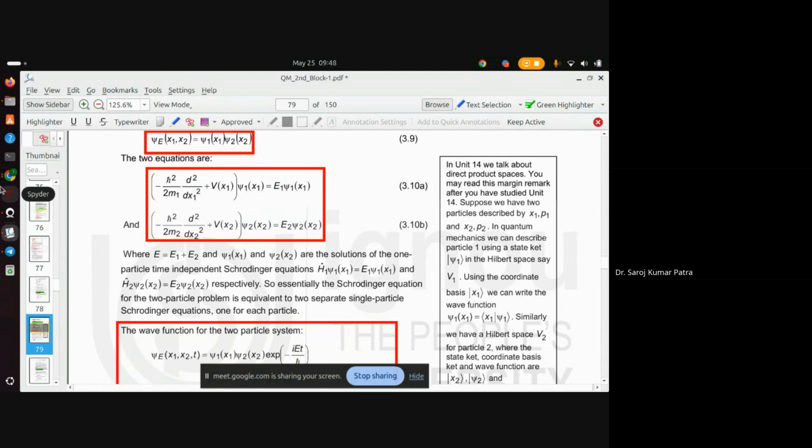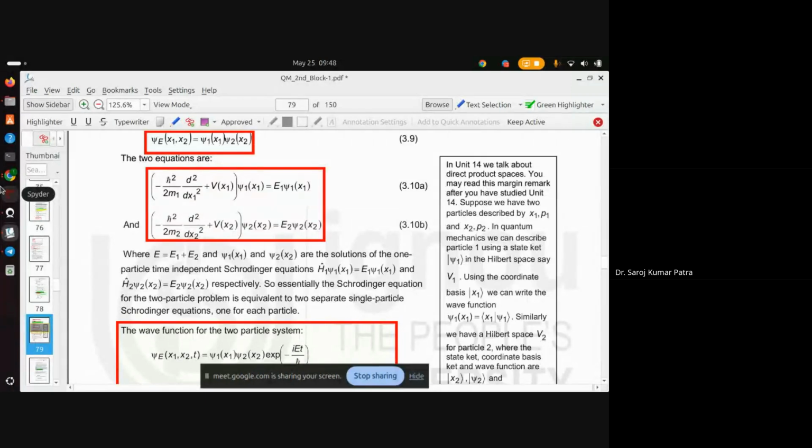And V(r), which is the potential, is nothing but minus k upon r, right? Because if you have, let's say, a positive proton and an electron moving around it, and the distance between them is r, then if the nucleus has Ze positive charge, here it will be minus e.